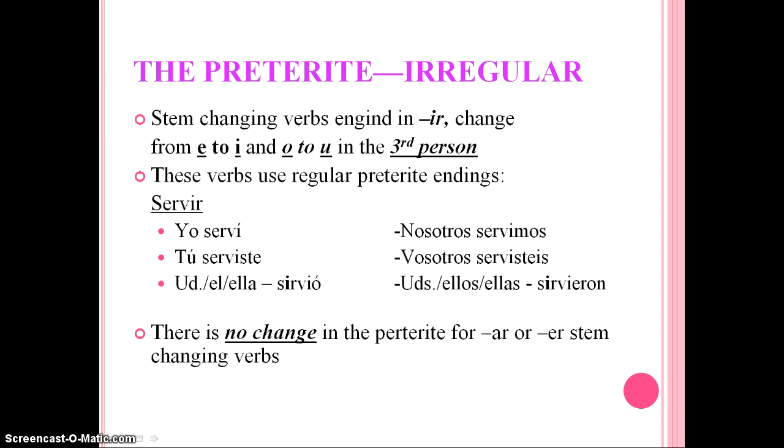And then you go to servimos, servisteis, those never change regardless of whether it's present or preterite. And then you have ustedes, ellos, and ellas would be sirvieron. And again, just a reminder, there is no change in the preterite for AR or ER stem changing verbs. Okay, this concludes our preterite review. We will look at imperfect next.